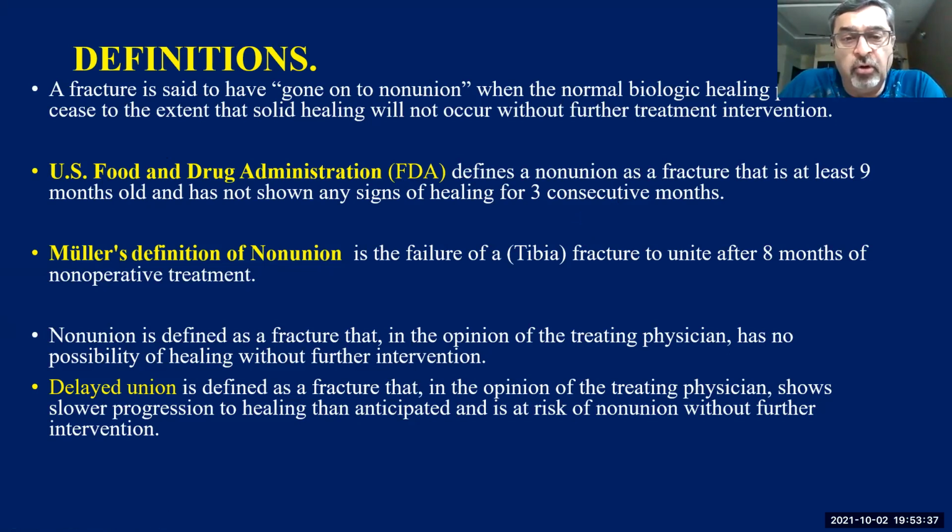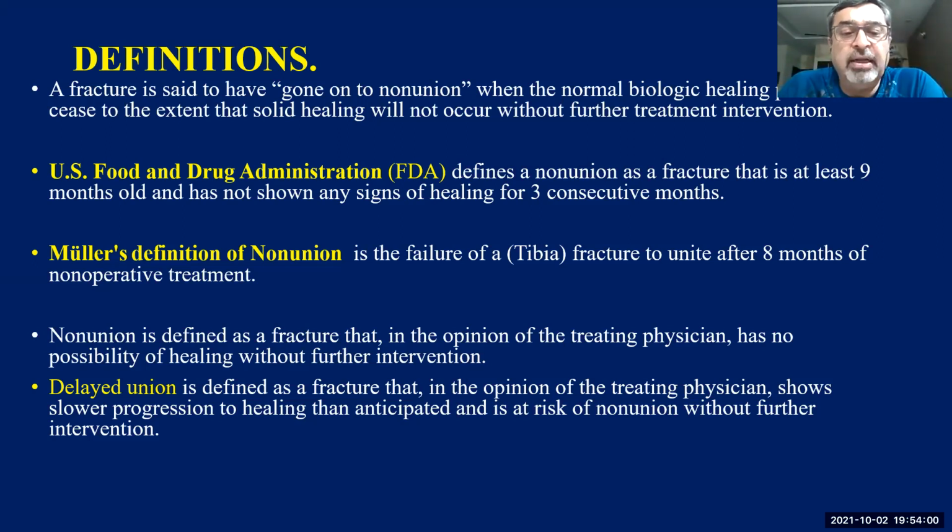Muller's definition of non-union is failure of a tibia fracture to unite after 8 months of non-operative treatment. So there are varied numbers of months in these definitions. Now it is said that non-union is defined as a fracture that in the opinion of the treating physician has no possibility of healing without further intervention.